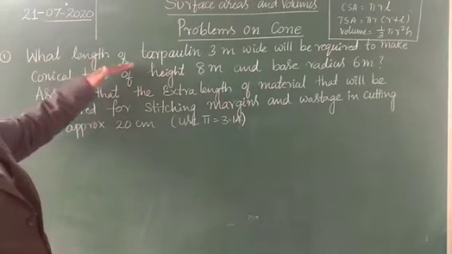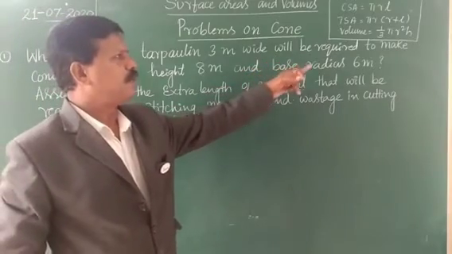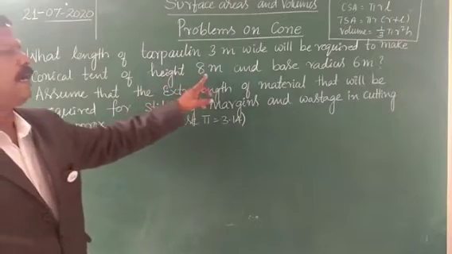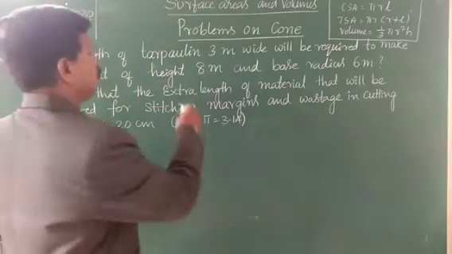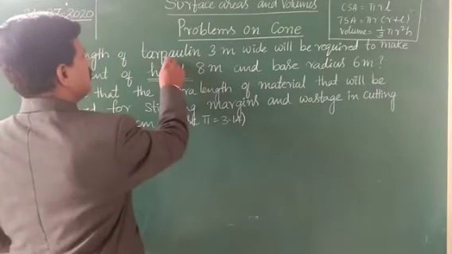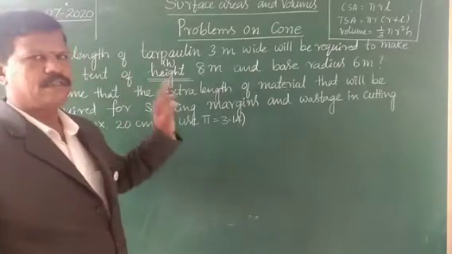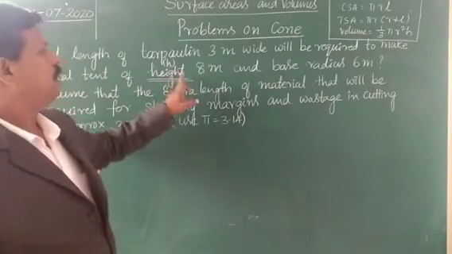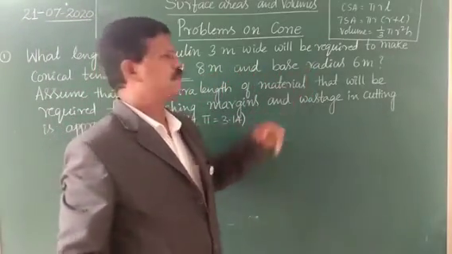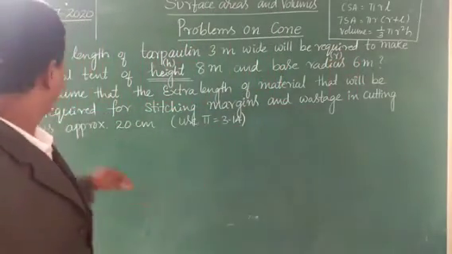What length of tarpaulin 3 meter wide will be required to make a conical tent of height 8 meter? I told in the last class, simply they are given height, let us take this as h, that is 8 meter, and base radius r, radius 6 meter.